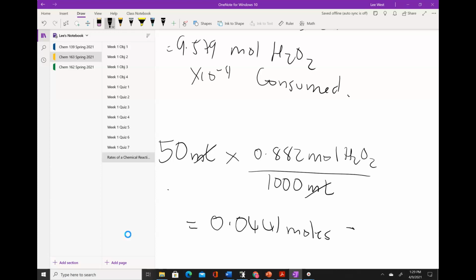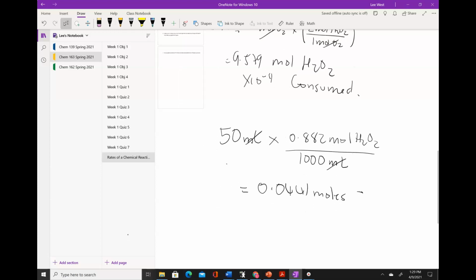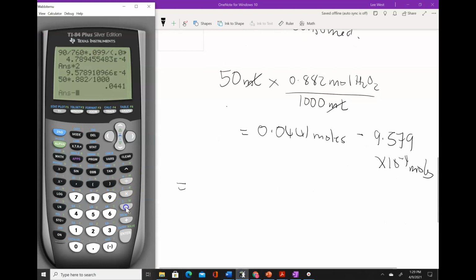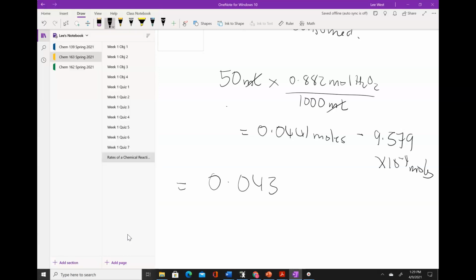And then I used up 9.579 by 10 to the minus 4. Minus 9.579 by 10 to the minus 4. That's how many moles I used up, right? So that means that what I've got left is 0.04314 moles remains.